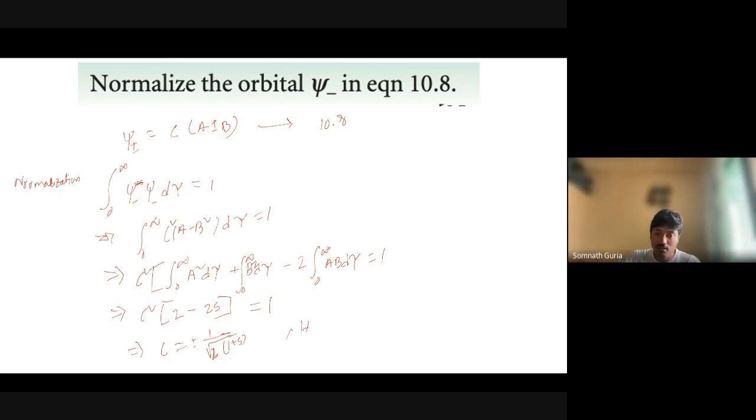So for the H2 plus, the c will be 1 upon root over of 2 into (1 minus 0.59). Sorry, this is the minus.